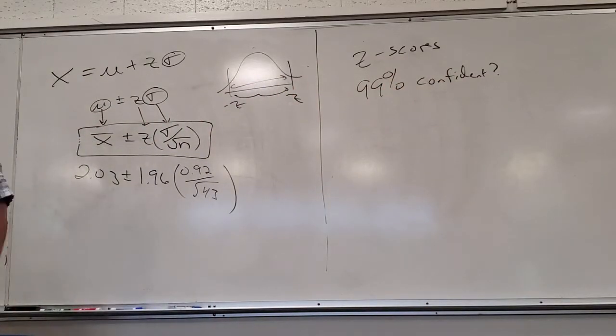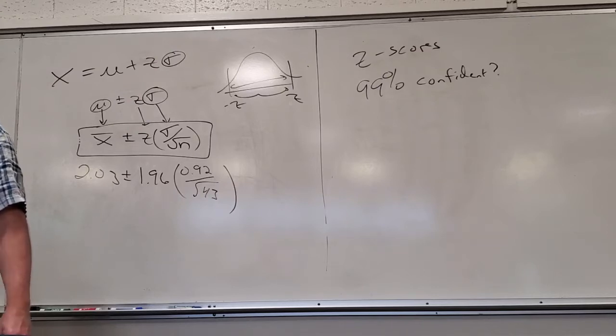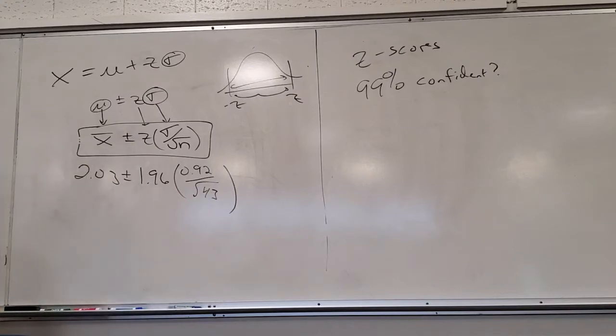You want 99 flat, like 9900, or 9999? Draw the picture. If you don't draw the picture, you will do it wrong. What's alpha? That will help you out.